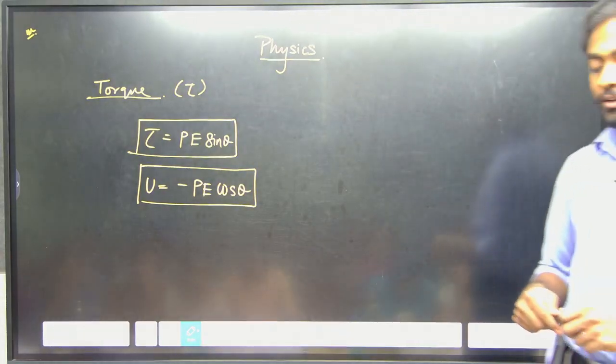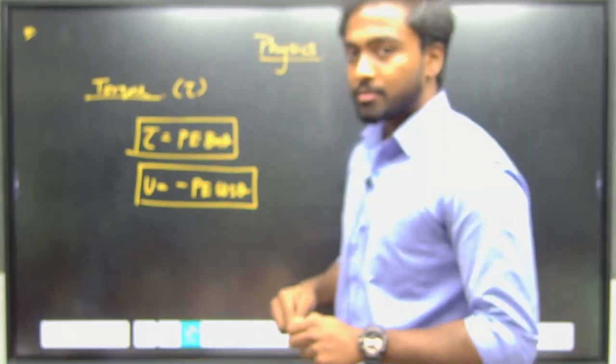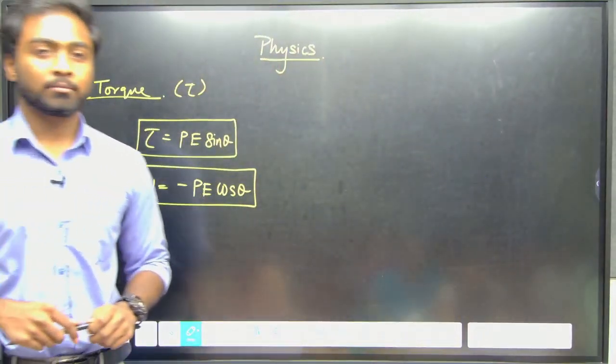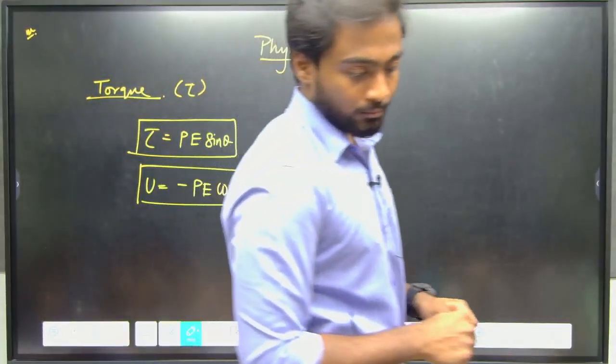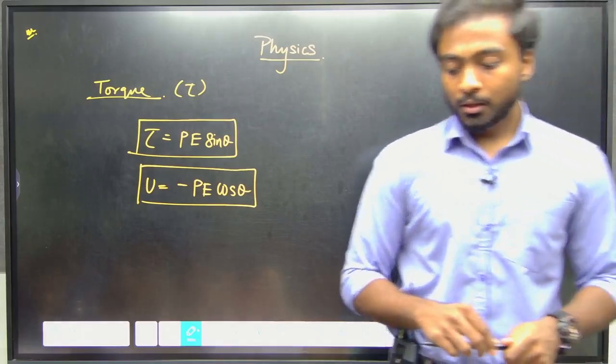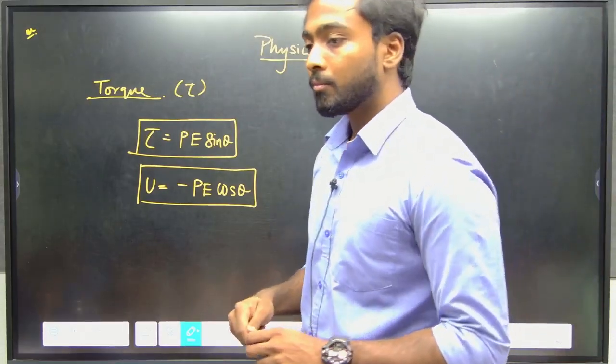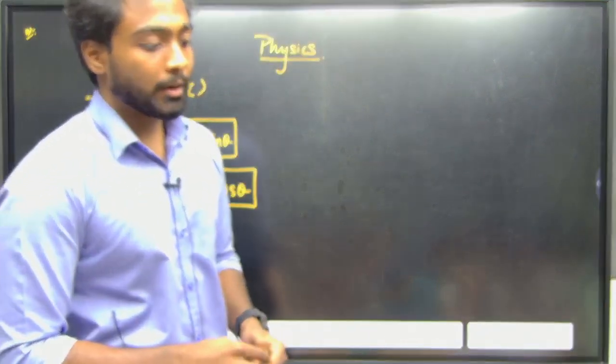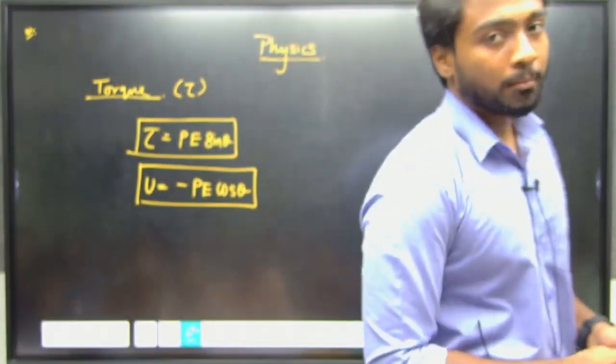The next subheading is special cases of dipole in uniform field. Uniform field in the sense, what you should keep in mind is, whenever they are talking about field, it is the electric field.